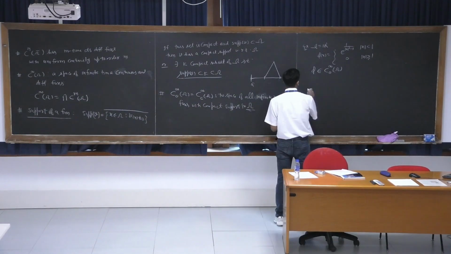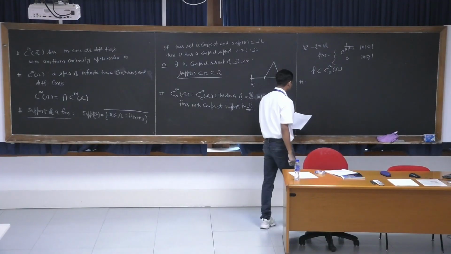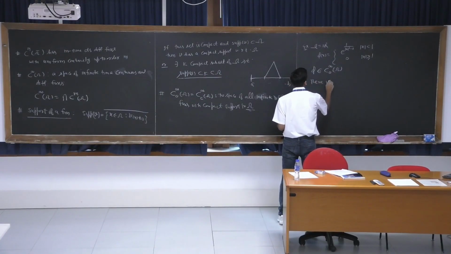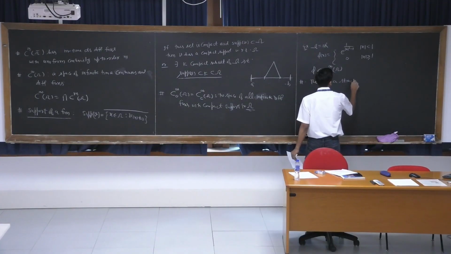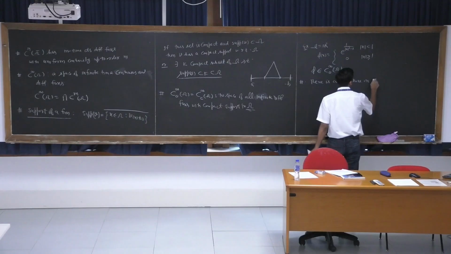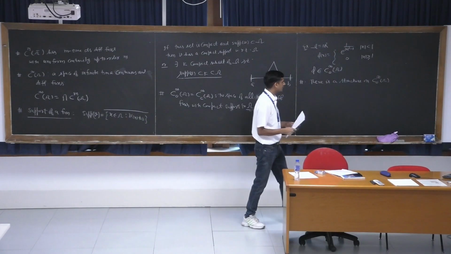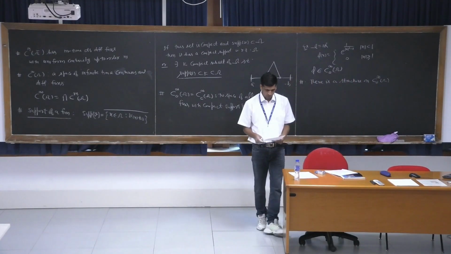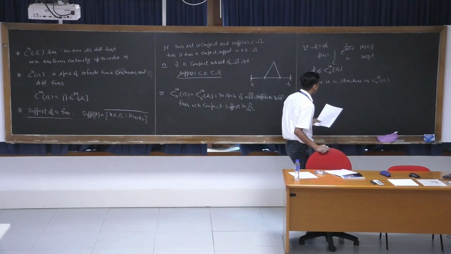So there is a structure on C0 infinity, which means we can define over this space a sequence of functions which also converges.